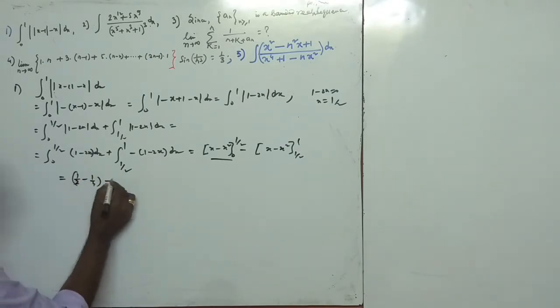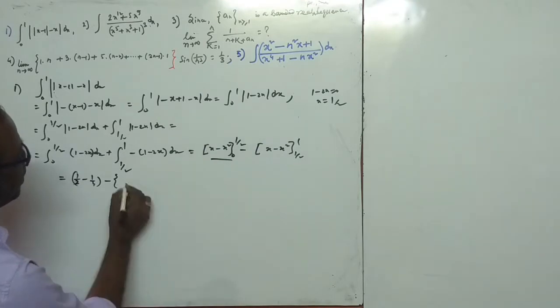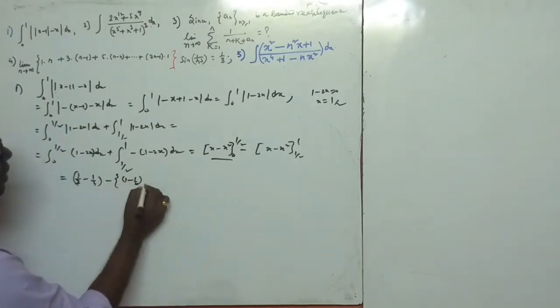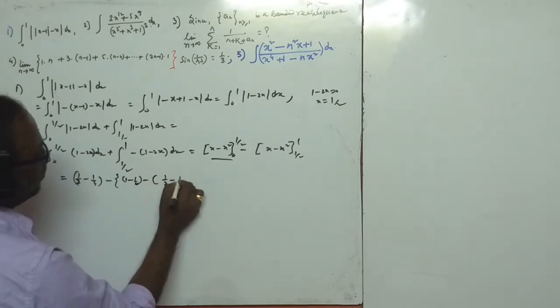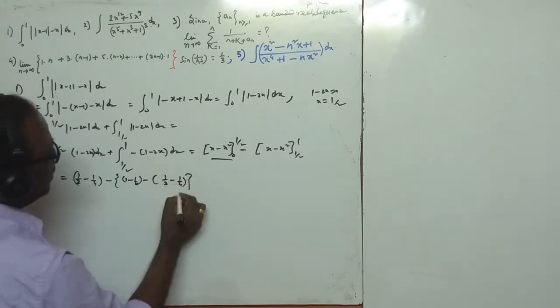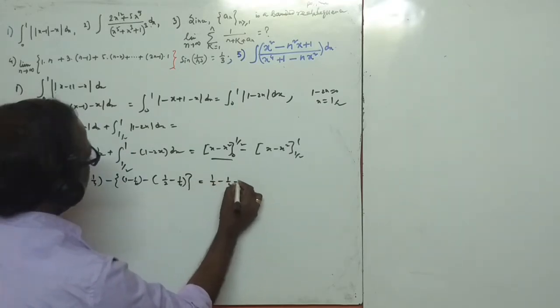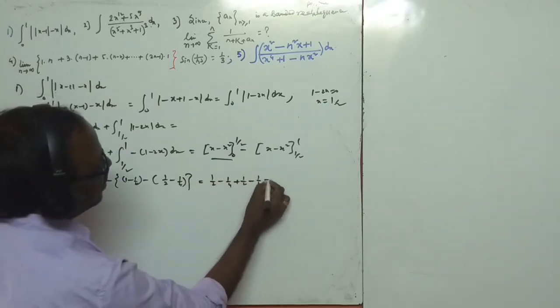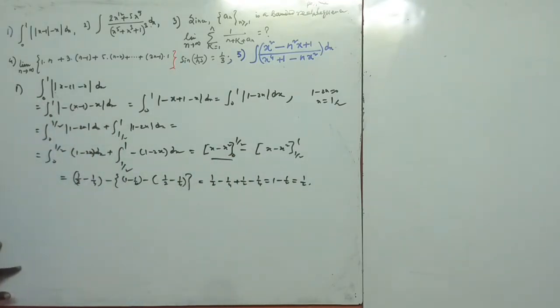Now if we put 0, and again put 1, that is 1 minus 1, and minus 1 by 2 minus 1 by 4. This is the solution of this problem, which is half. This is a very good problem.